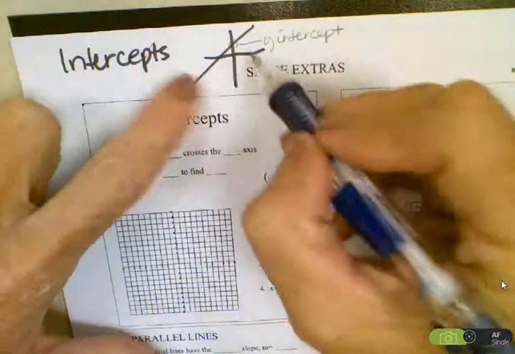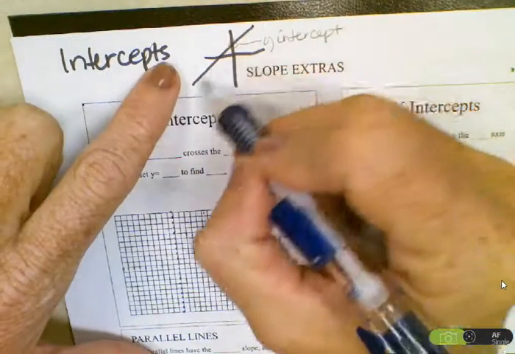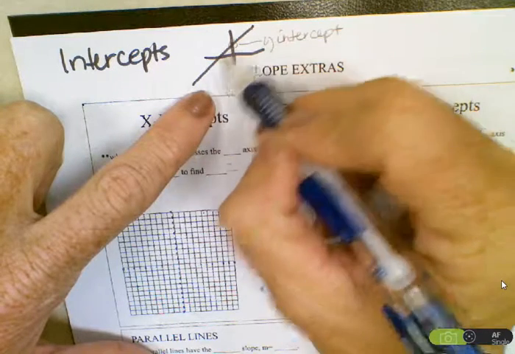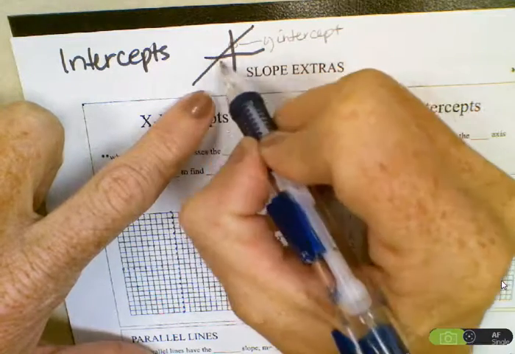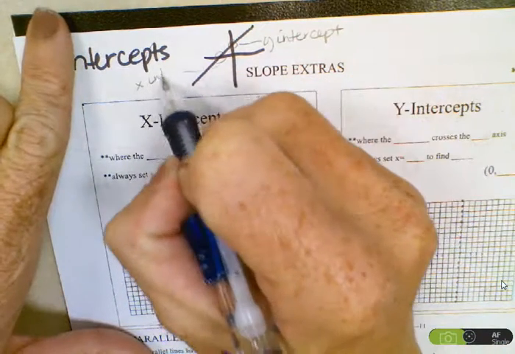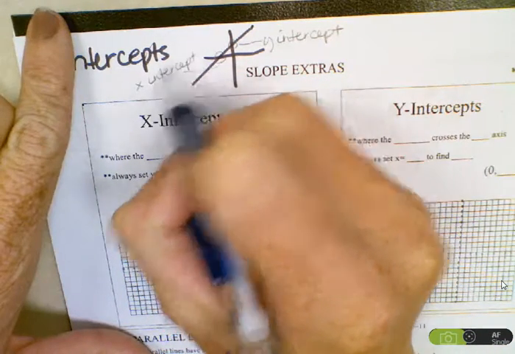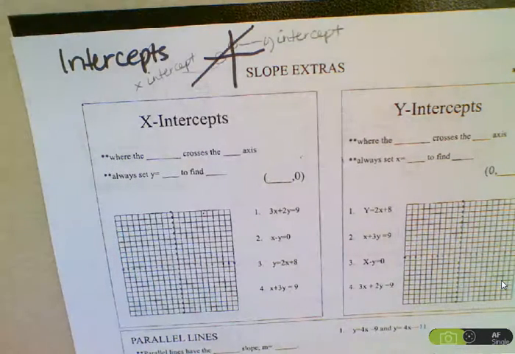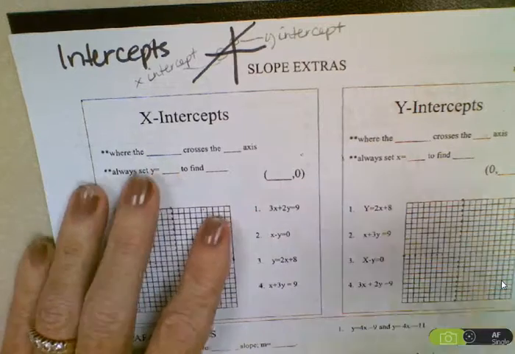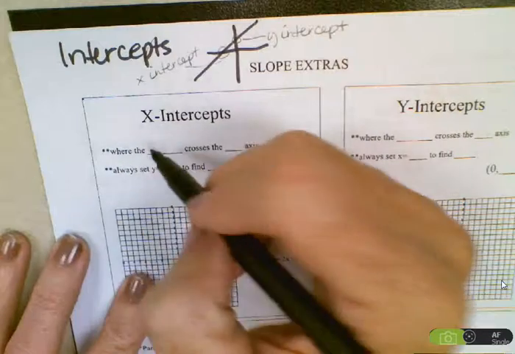This point over here, where your diagonal line, if it's diagonal, may be vertical, most of the time diagonal, crosses the x-axis, right here, that is going to be your x-intercept. Okay? And they have really specific rules that when you start to see these, you'll know that's a y-intercept, that's an x-intercept.